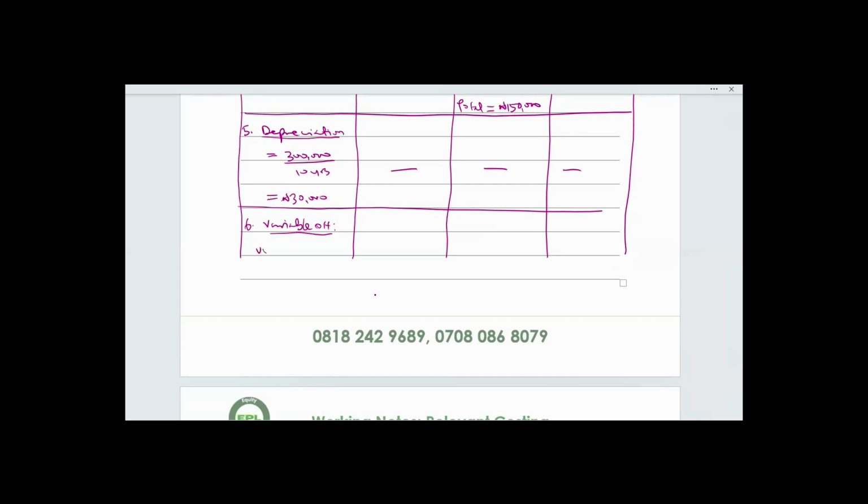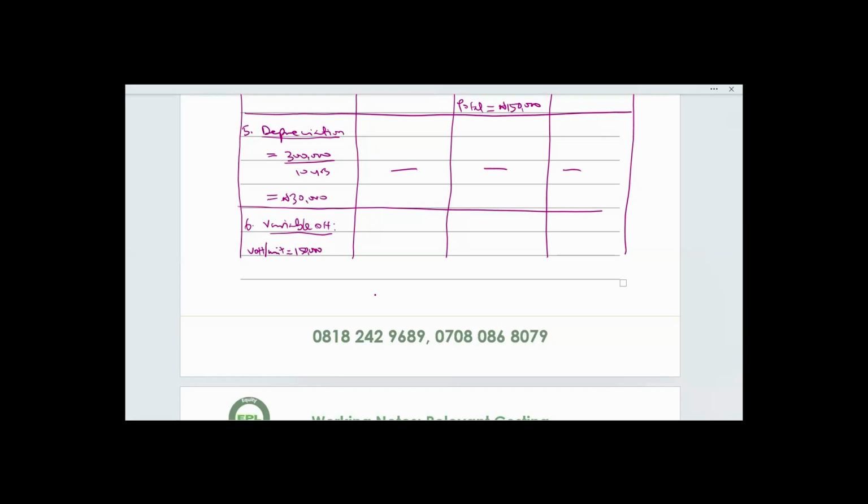Okay, variable overhead per unit will then be equal to, examiner has given me variable overhead of 150,000 naira.